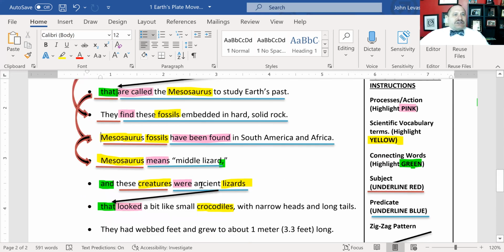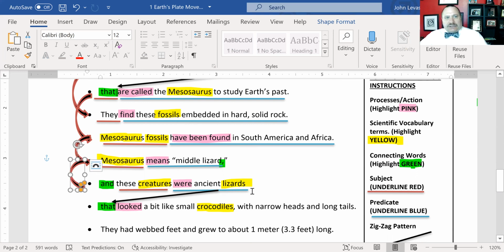And look, these creatures. And what are those creatures? Those creatures are the organism, the dinosaur called Mesosaurus. Ancient lizards that look like.